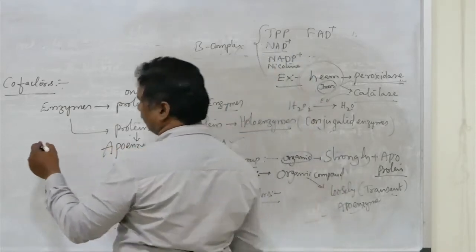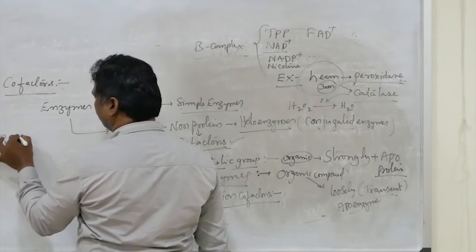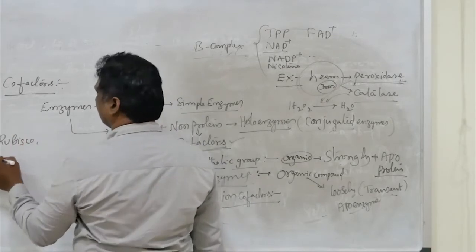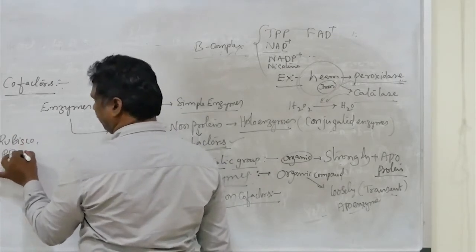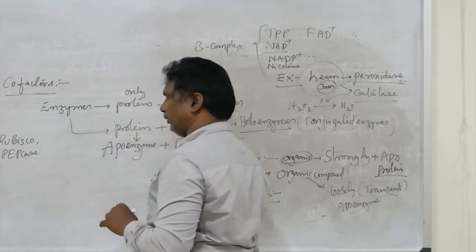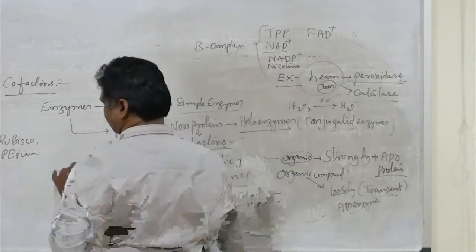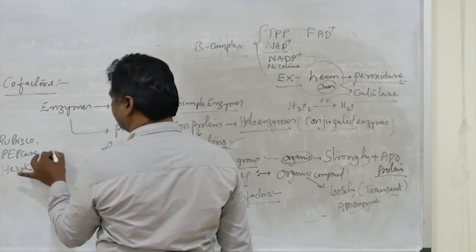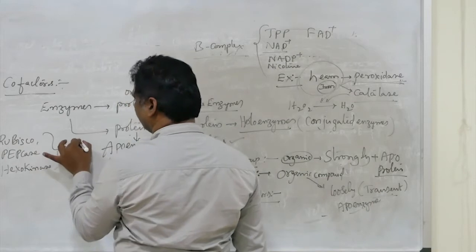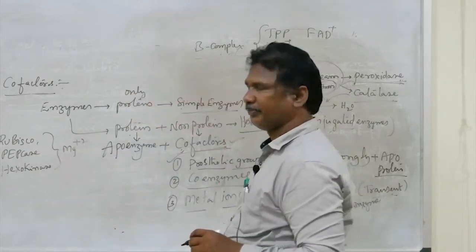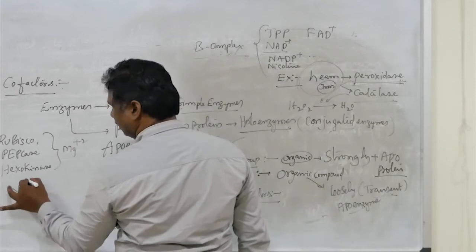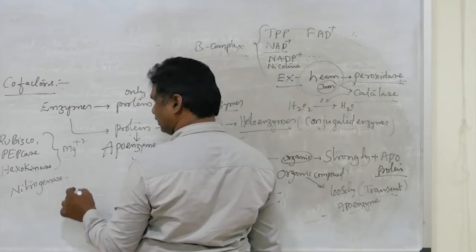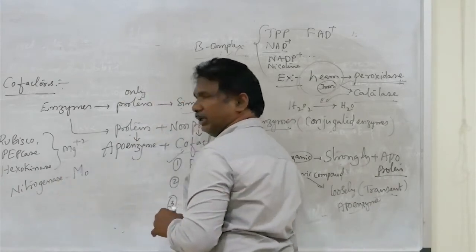Let us see some examples one by one. Rubisco, the enzyme involved in the Calvin cycle in photosynthesis, PEPcase, phosphoenolpyruvate carboxylase, pyruvate kinase and hexokinase are activated with the help of magnesium ions. In nitrogen fixation, the enzyme nitrogenase is activated by molybdenum.